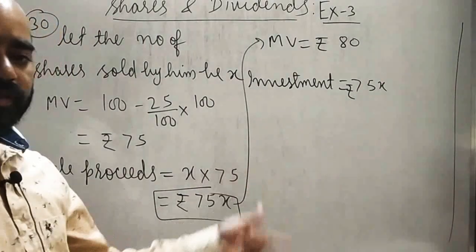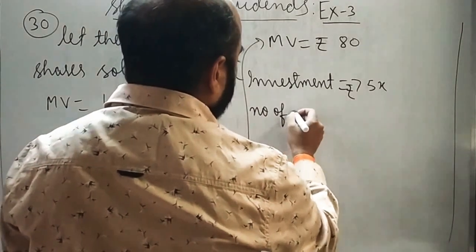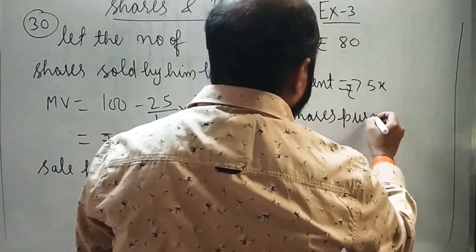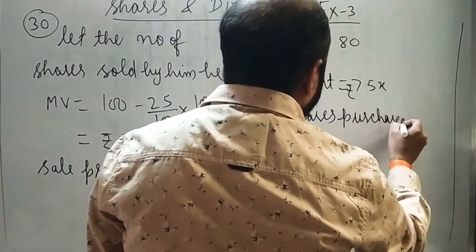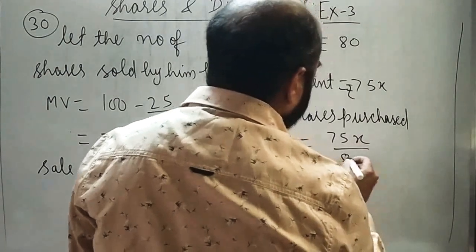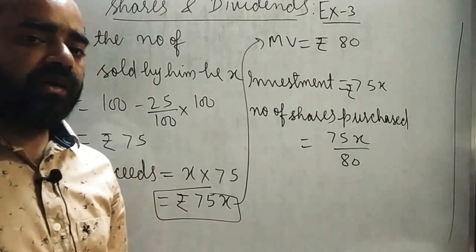So what is the number of shares purchased? The formula is number of shares purchased equals investment upon market value.